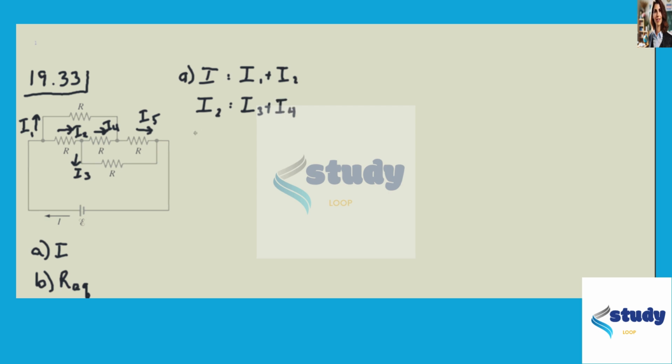And then I1 and I4 combine back to be I5. So this is all of that we need. Now we can use the loop rule.